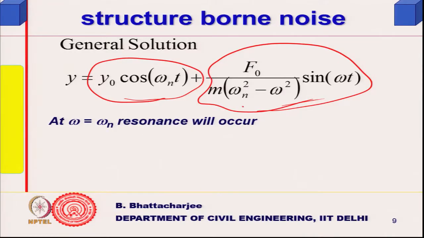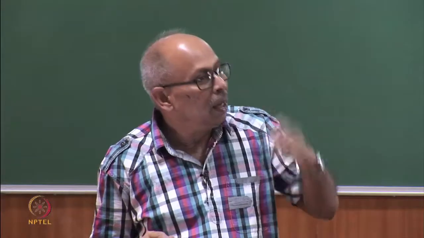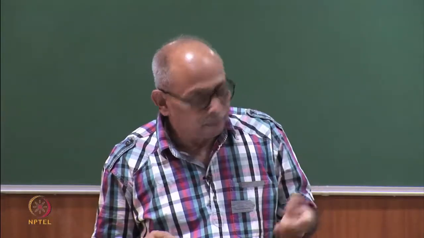So, when this is the natural frequency part of it, but when these two are the same, omega n and omega are the same, then this term becomes infinity. That means displacement tends to become very large, because this is a small portion compared to this, and both of them are in phase.